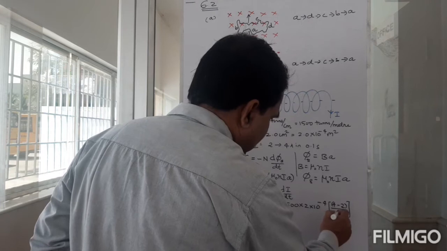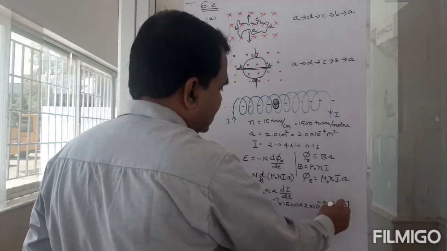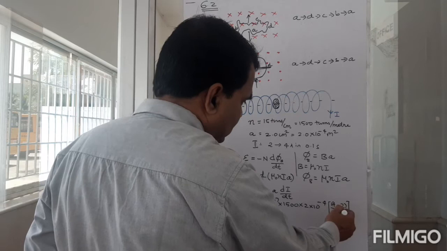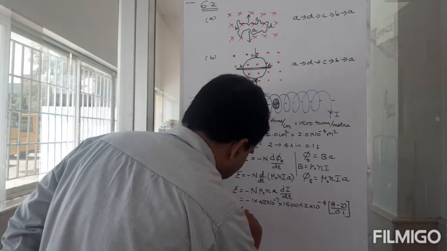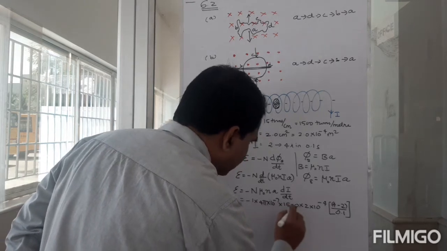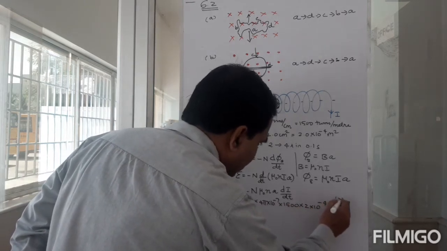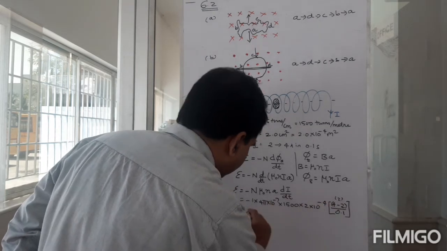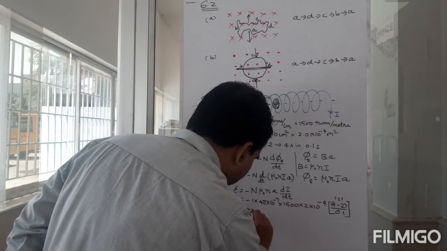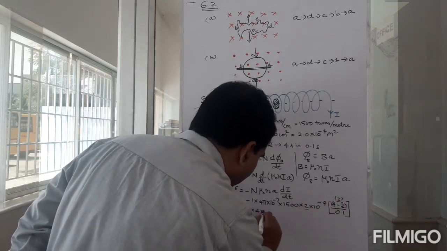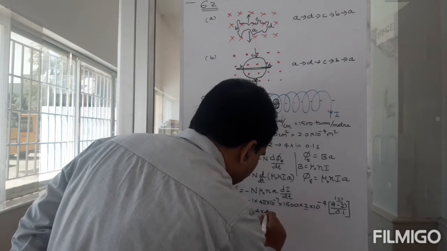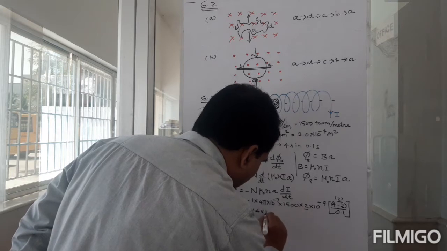I can take 0.1 as 10 power minus 1, so I can adjust stuff now. So this is going to be equal to, this is 2, I'm going to get 2, then 4, then 4 pi, okay, 4 into this 4 into this, like 1500, I'm going to write it as 1.5 into 10 power 3.